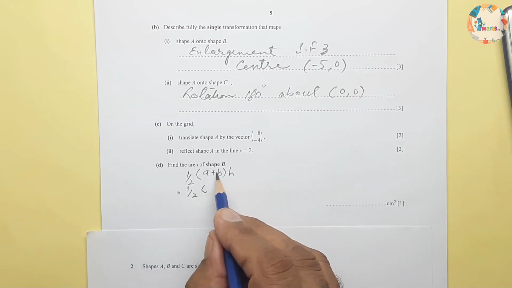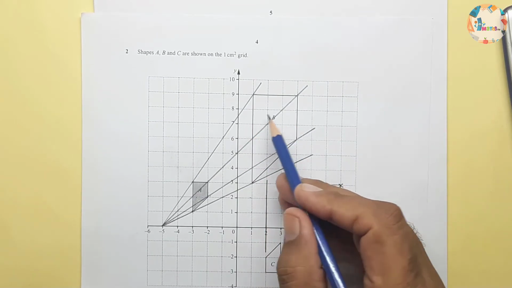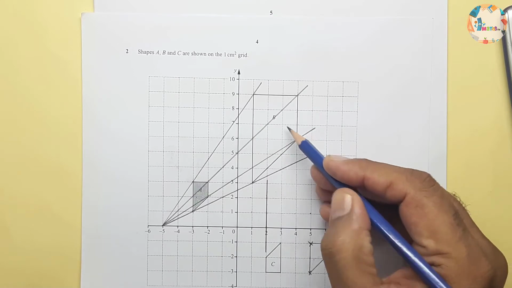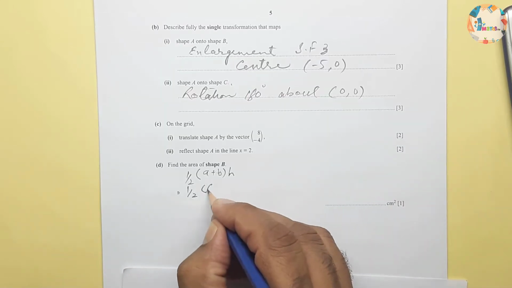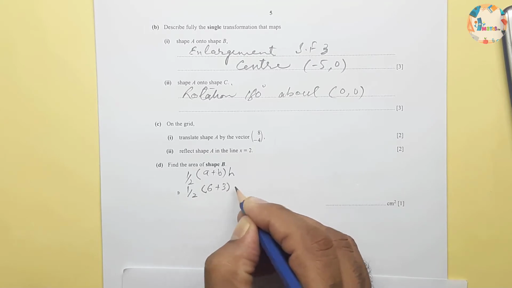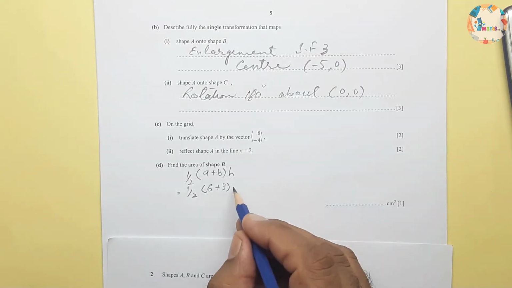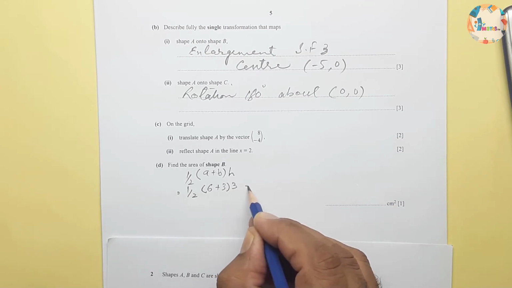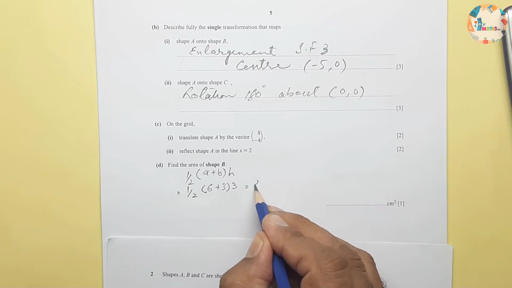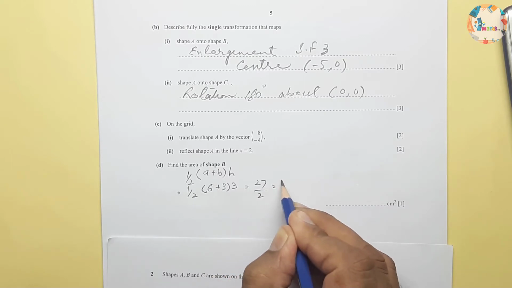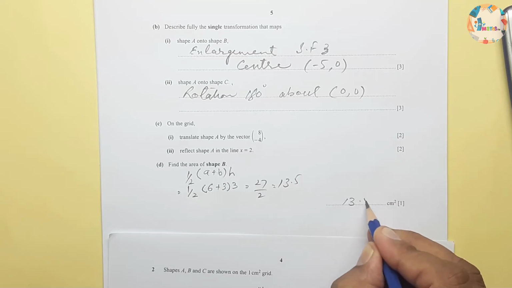This is A plus B, which is opposite parallel sides, these two parallel sides. This is 3 units, and this is 1, 2, 3, 4, 5, 6 units. So 6 plus 3 into height we are taking perpendicular height, which is 3 units. So we can write here 3, and if we simplify this, this will be 27 over 2, which is equal to 13.5. So we can write answer as 13.5.